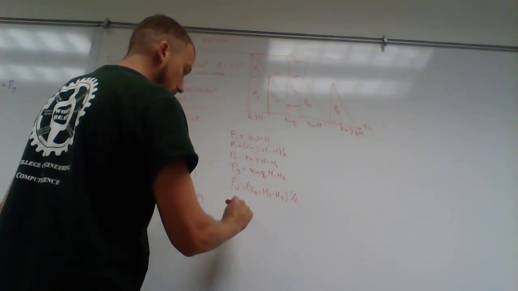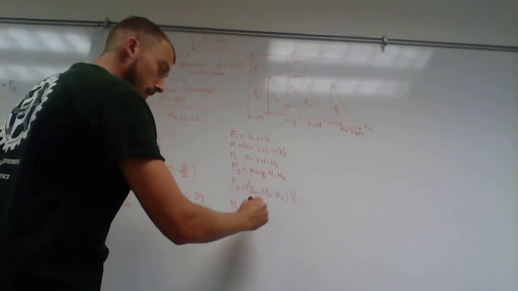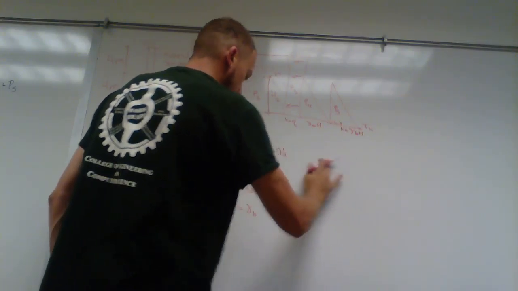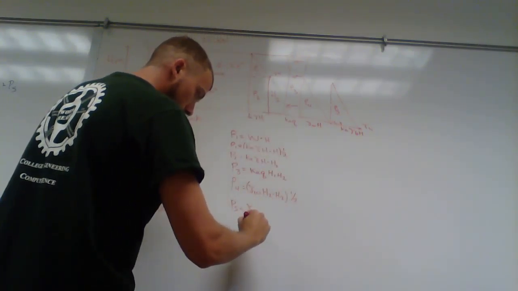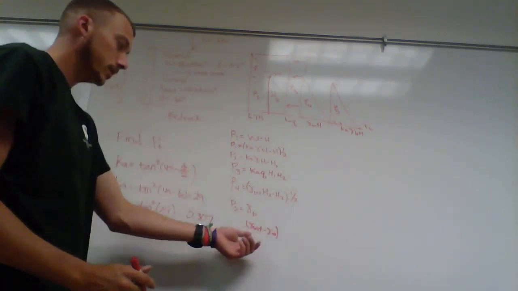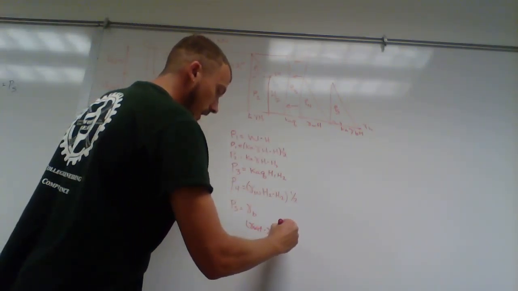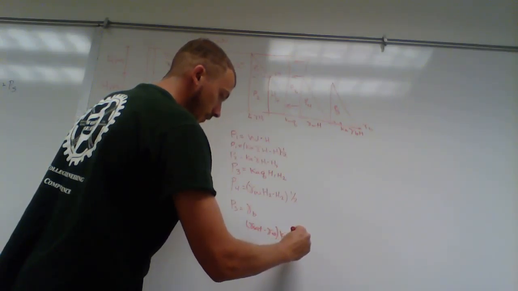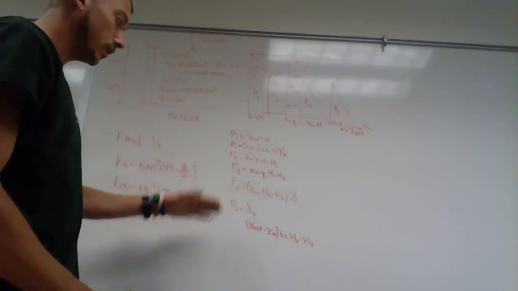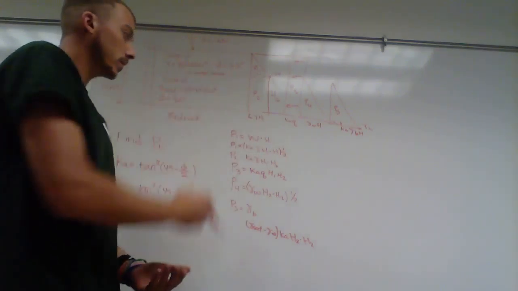And P5 is going to be gamma B, which the buoyant weight needs to be calculated as gamma B equals gamma sat minus gamma W. And that's the buoyant unit weight. And so actually I'll use this equation times K sub A and H2 times H2. And so now I have each one of the equations that I need to find the pressure and the area and the total pressure which is being applied to our retaining wall.